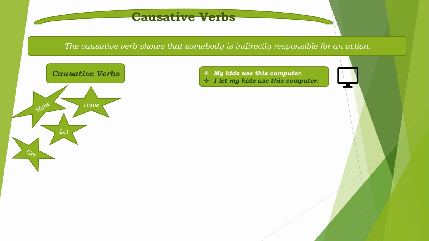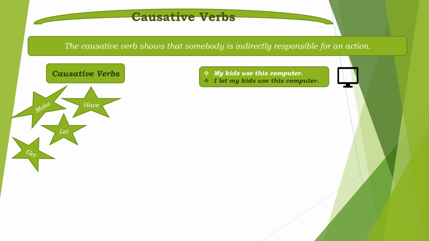My kids use this computer. This is a regular sentence. In this sentence, my kids are performing the action of using the computer. It shows that they are allowed, they have permission to use this computer. But think of what if they have no permission to use this computer?